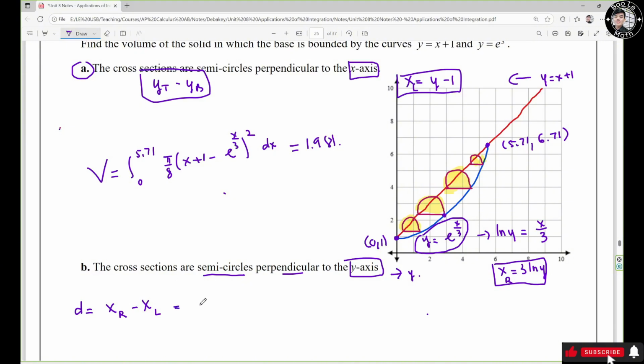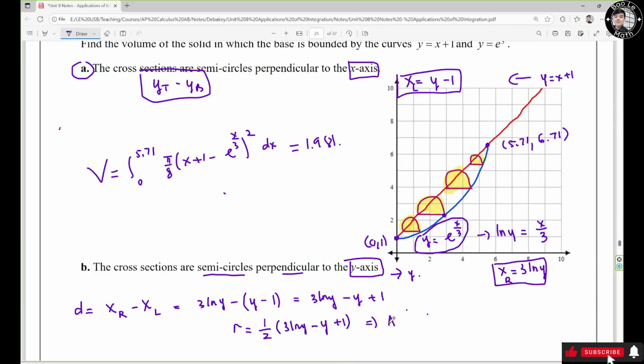So this turns out to be 3 ln y subtract y minus 1. Now I'm going to simplify this one, so it's going to be 3 ln y minus y plus 1. Now the radius is half of the diameter, so it is 1/2 times 3 ln y minus y plus 1.